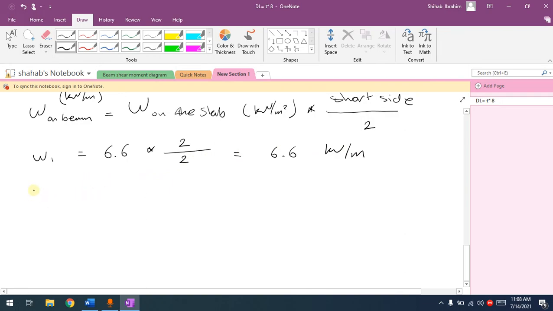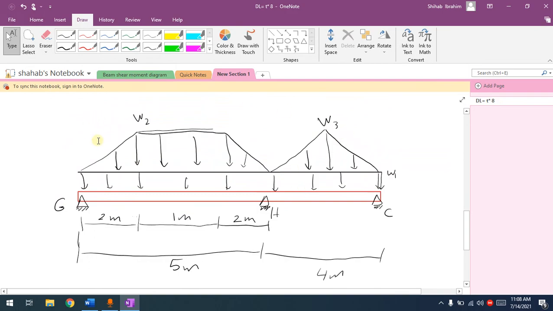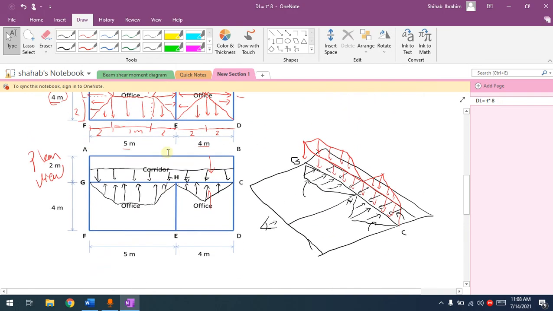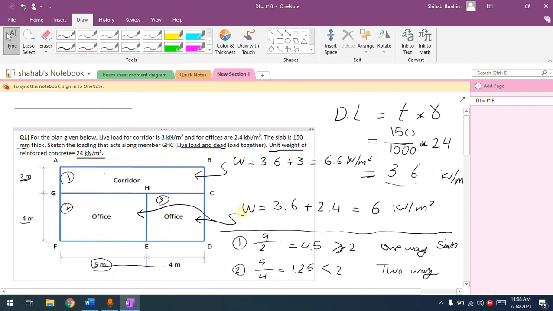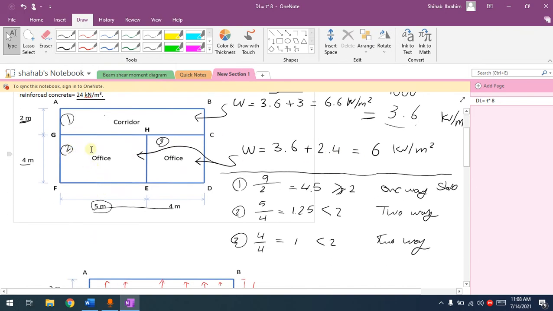I'm going to go for W2. W2, I gave it to this trapezoidal, so I'm going to go for the trapezoidal coming from this office, for which first I need a W. For both offices, the W is 6. Okay, that's good. Then for the second slab office, we have it here. The short dimension is 4. For this one also the short dimension is 4, isn't it? Because 4 by 4, this one is also the same.